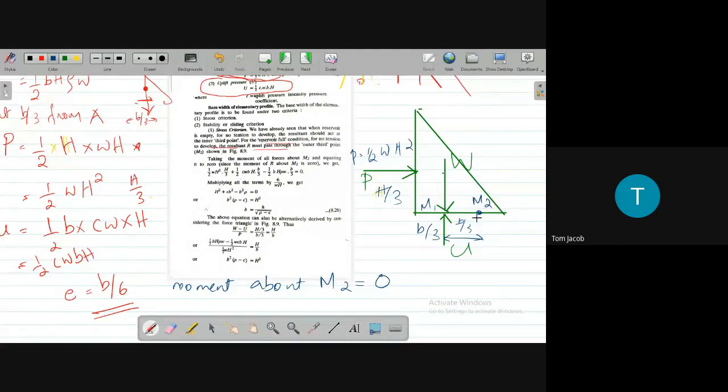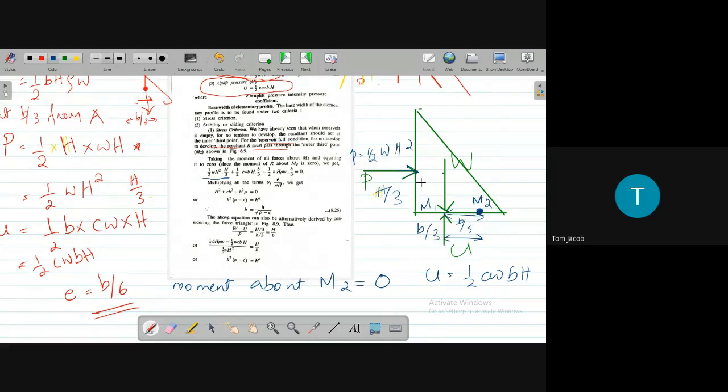So the distance between M2 and the load P is H by 3. So the moment of that force is half into WH square into H by 3, plus next is the uplift force. Uplift force U is equal to half CWBH, acting at a distance of B by 3. So plus half CWBH into B by 3. Both are in the clockwise direction. P is imparting a clockwise moment at M2 and U is also imparting a clockwise moment at M2.